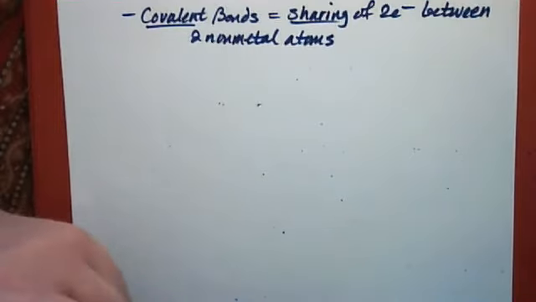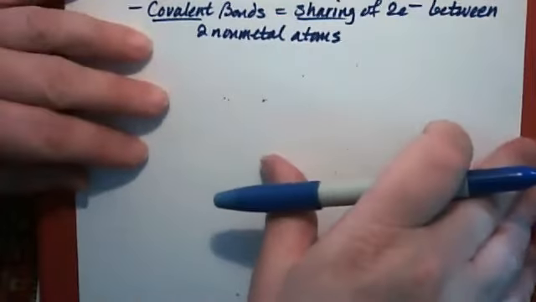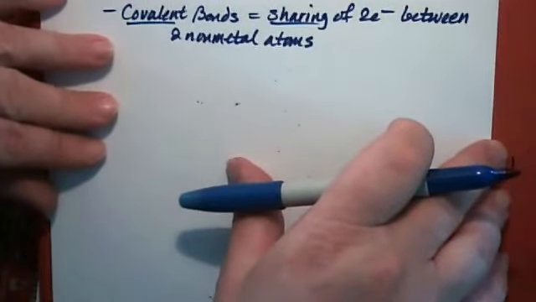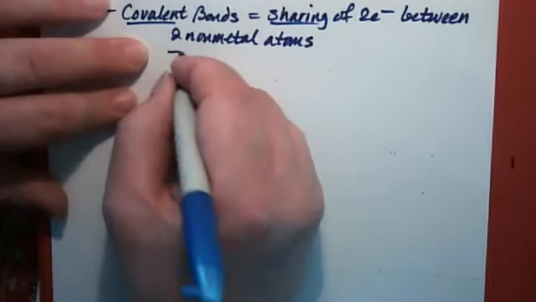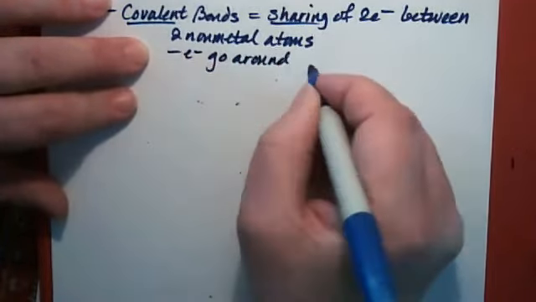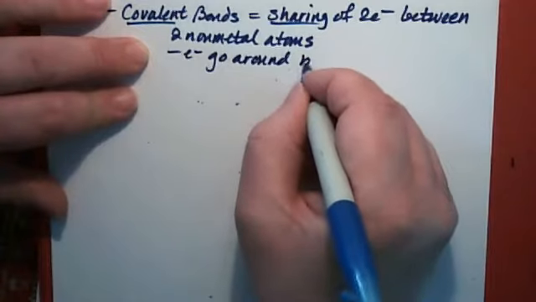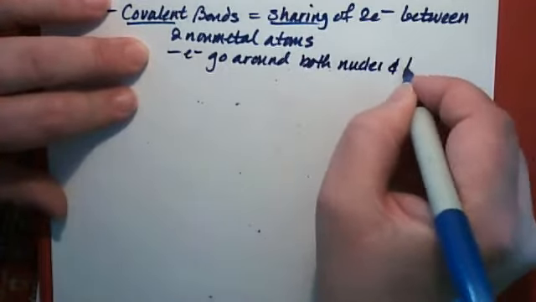It's often an unequal sharing where the electrons will remain closer to one of the atoms than to the other one, but it's still a sharing, and the electrons will normally be found between the nuclei of the 2 atoms. So the electrons go around both nuclei. And that's what helps hold them together.